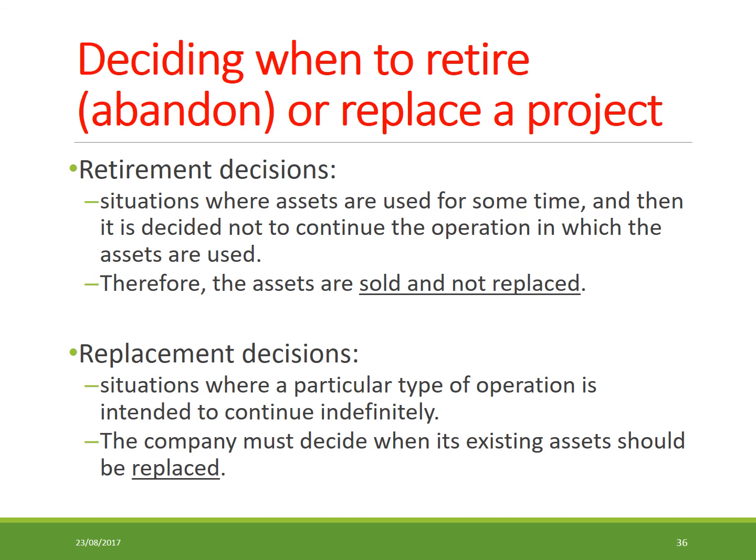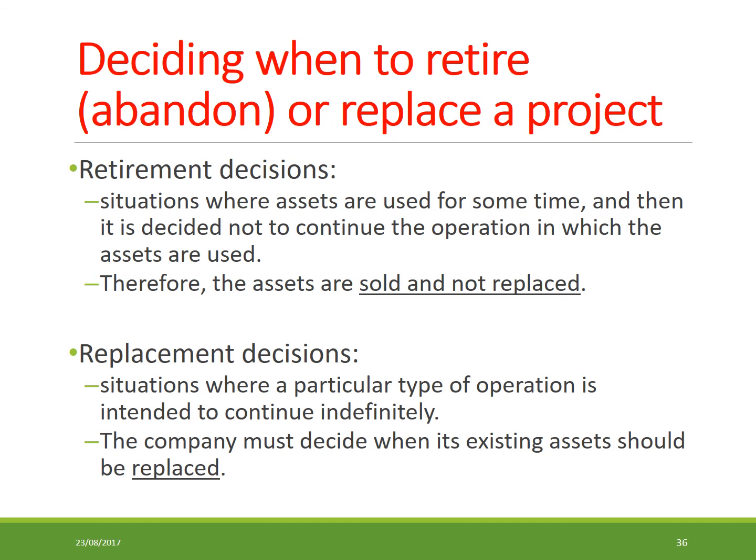With the retirement decisions, this is when we use an asset for some time, and then we decide to not continue the operation with the asset anymore. So in this decision, we are looking at when to sell the assets, and not replace it with anything else.